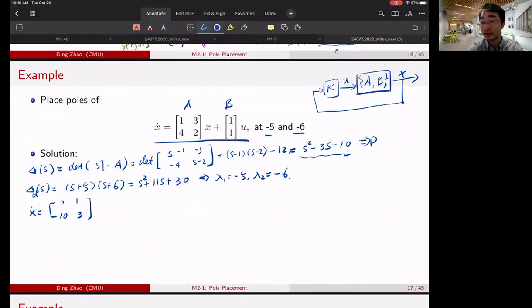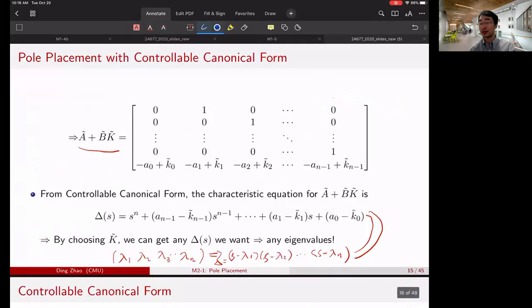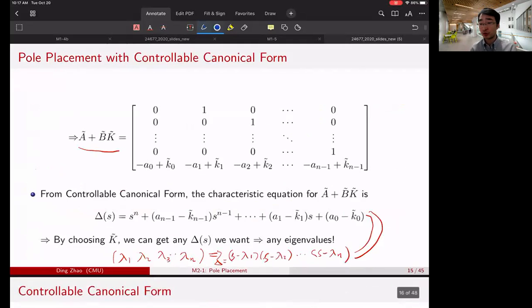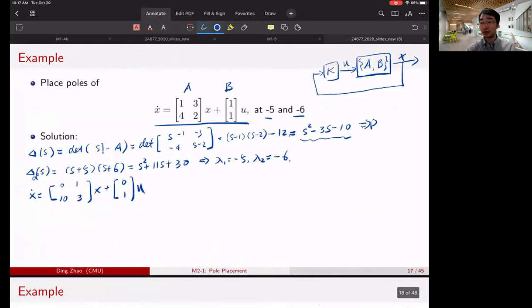So that's our A. X dot equals A x plus B u, where B is always 0, 0, 1. So A has minus a0 and minus a1, and B is just 0, 1.